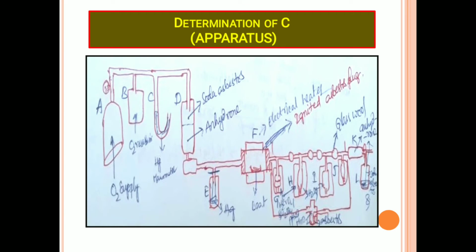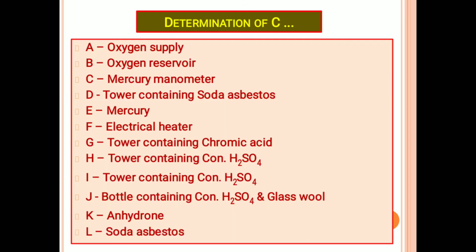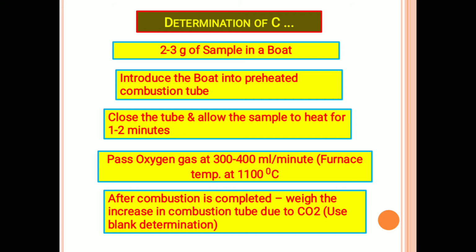You can observe the combustion tube here. After that, close the tube and allow the sample to heat for 1 to 2 minutes. Next, pass the oxygen gas at 300 to 400 milliliter per minute. At that time, the furnace temperature is 1100 degrees Celsius.